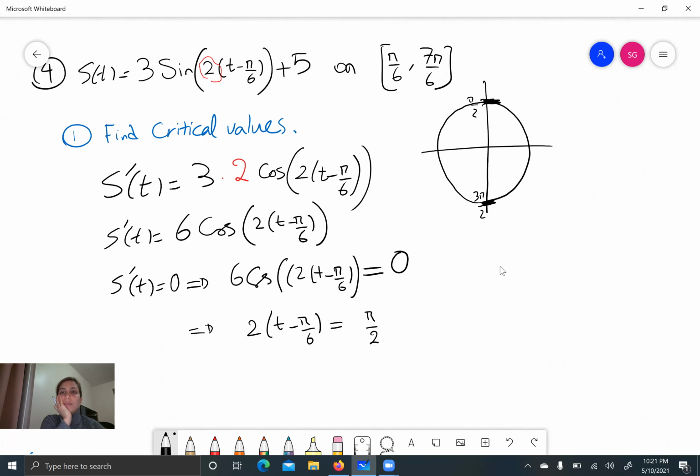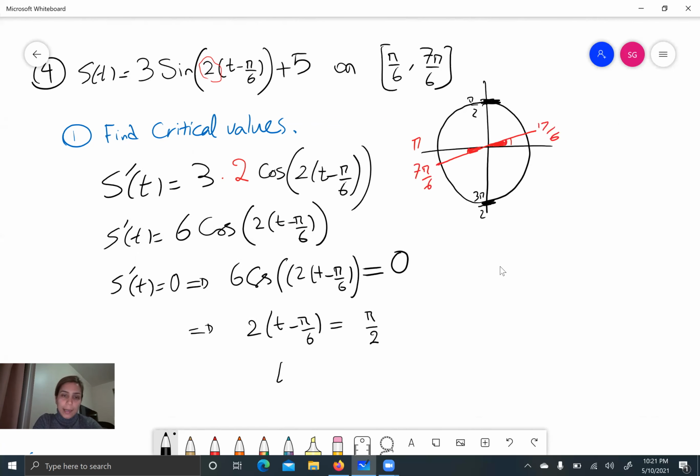Pi over 6 is here, pi is here, and 7 pi over 6 is around here. So let's start with pi over 2, and if there are more angles, we can figure them out later.